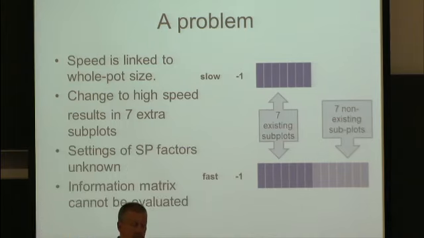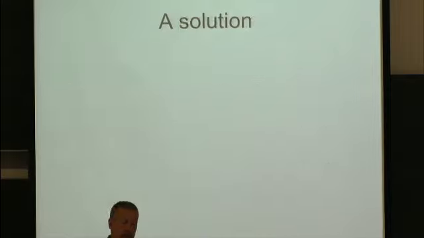And the problem then is that the settings of these suddenly appearing subplots are not known, so you cannot evaluate the information matrix, and you cannot evaluate whether an improvement has taken place.